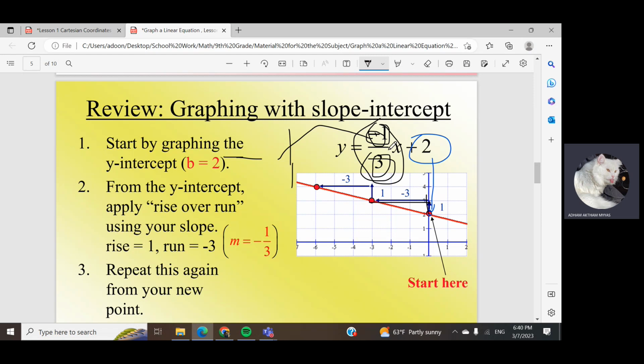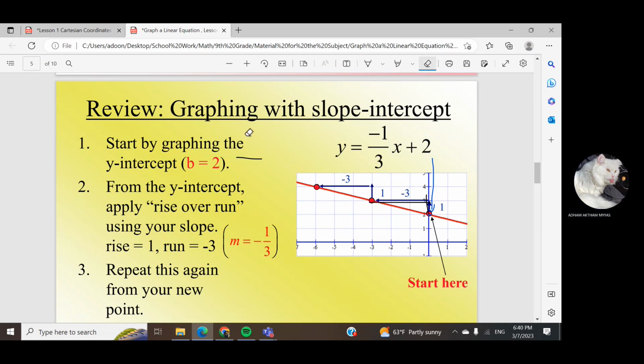How did I know that? I just used the sign one time. First thing I did was use the sign like this. I'm using 1 to go upward, using minus 3 to go left 3 points.